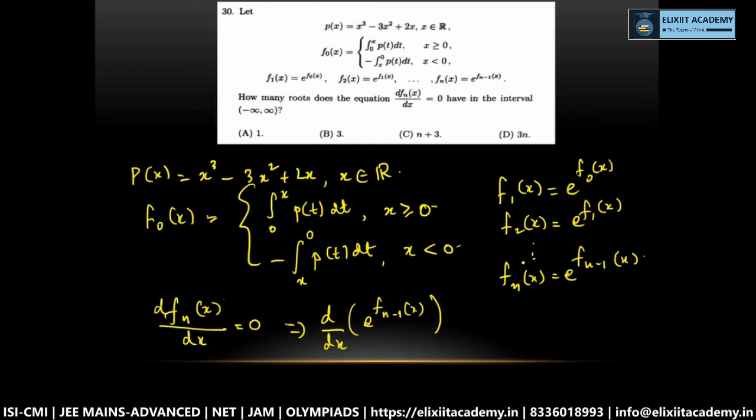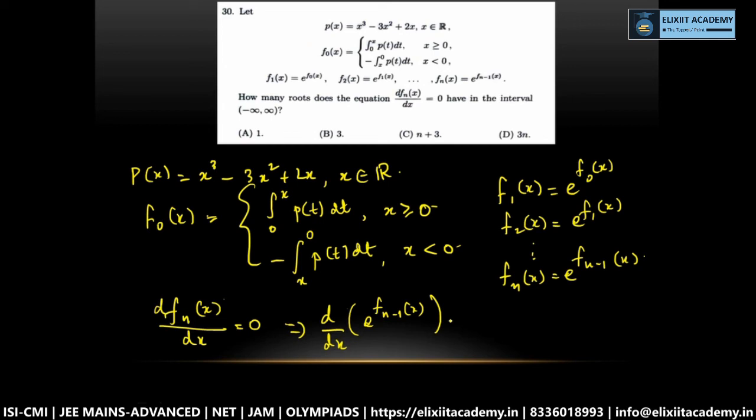And then again fn minus 2 is some function, and if you find the derivative of that function, again e to the power that function comes down, and the chain gets reduced. So ultimately, e to the power fn minus 1x will remain the same, and e to the power fn minus 1x is never equal to 0. This is the thing which you already know.